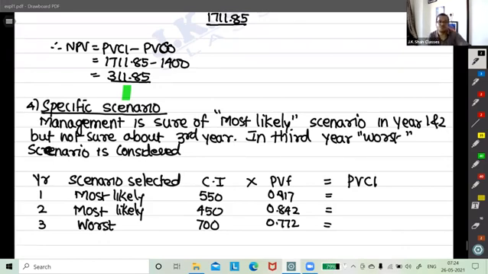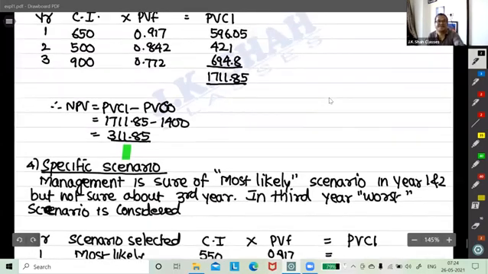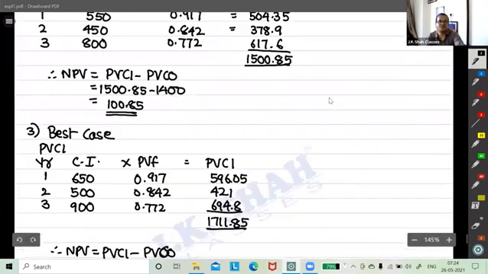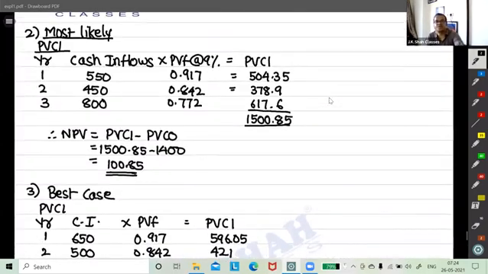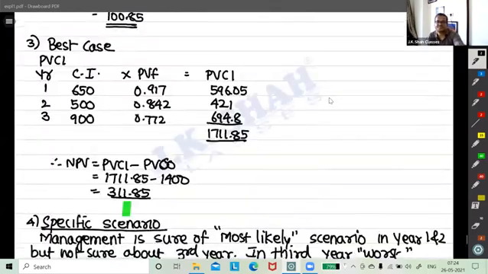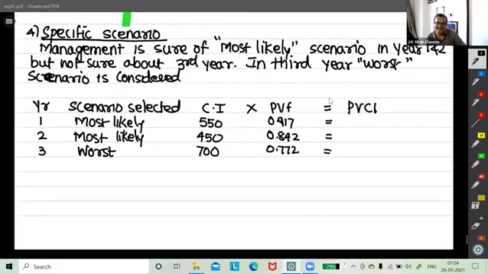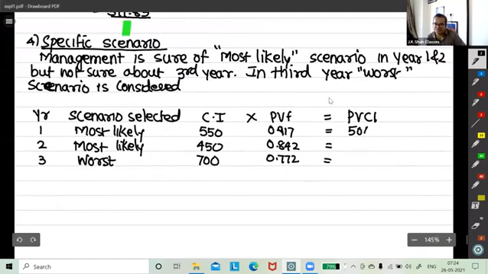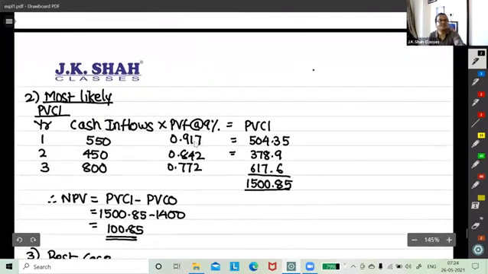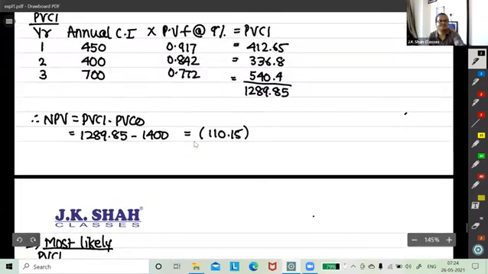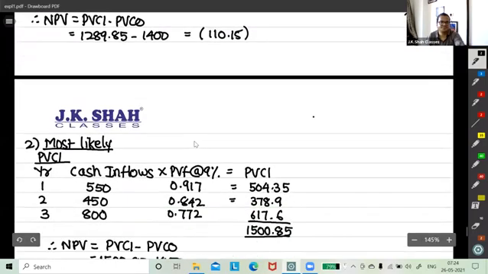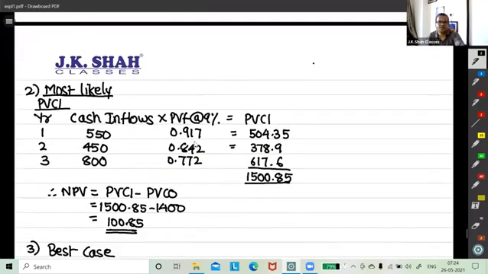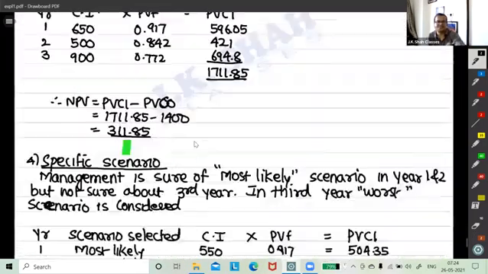You can copy paste now. And that brings us so much happiness. 504.35. In this much time we would have calculated, but sir, copying is our ultimate pleasure. Then 378.9.